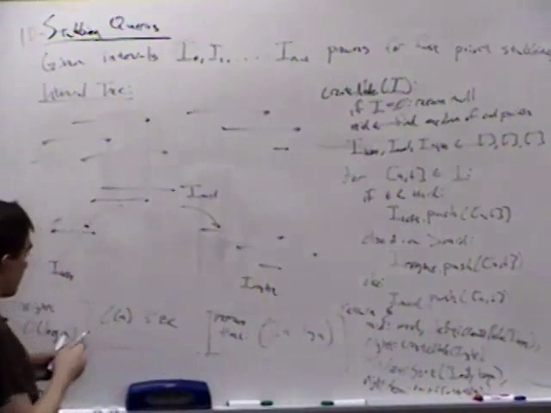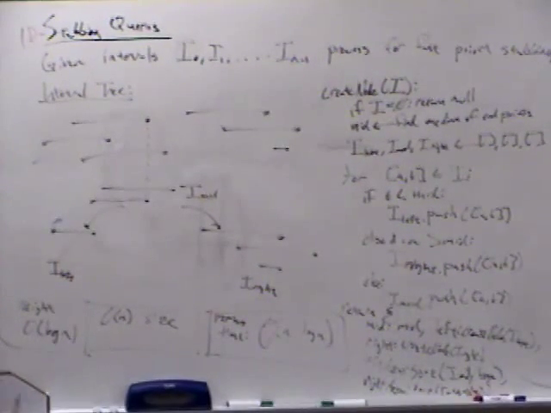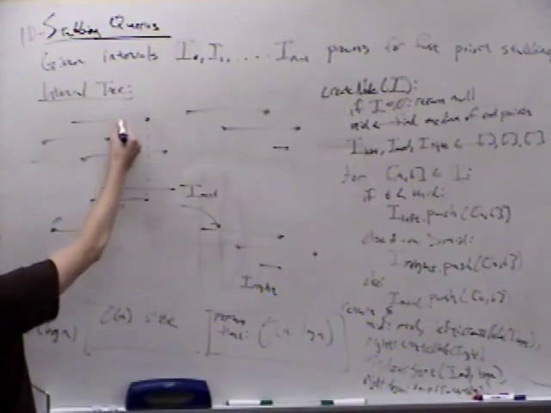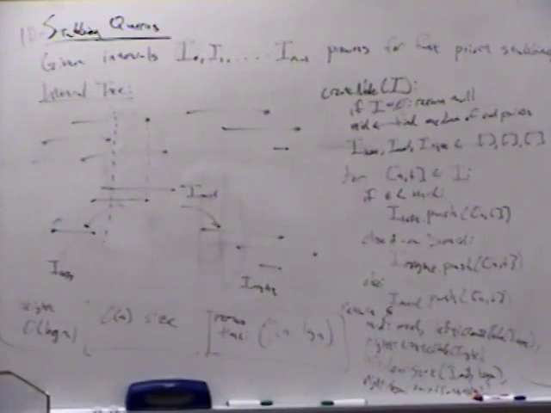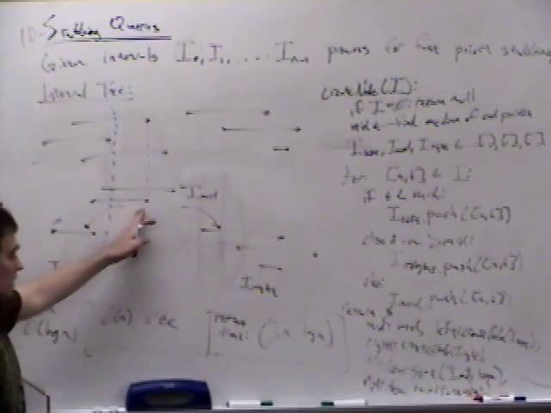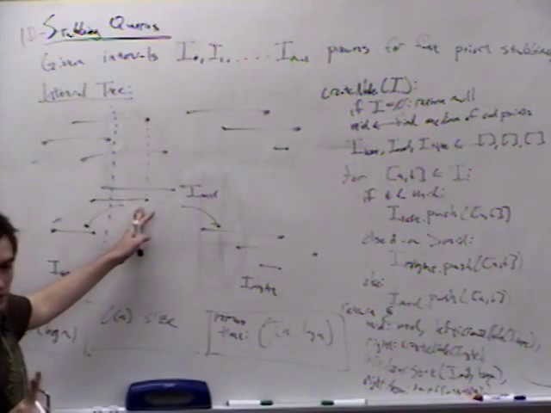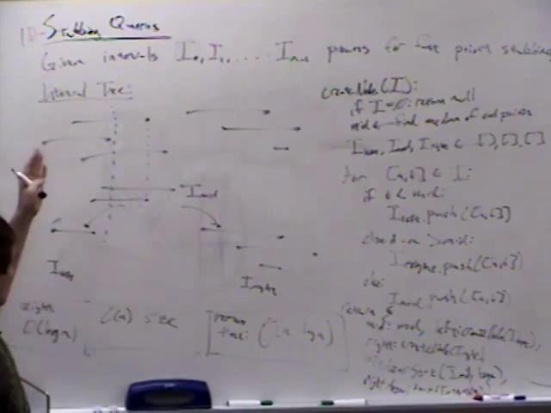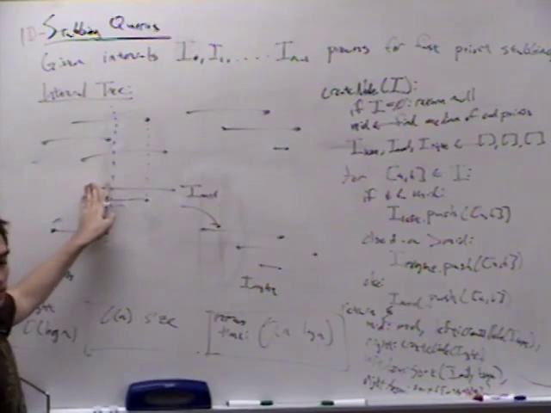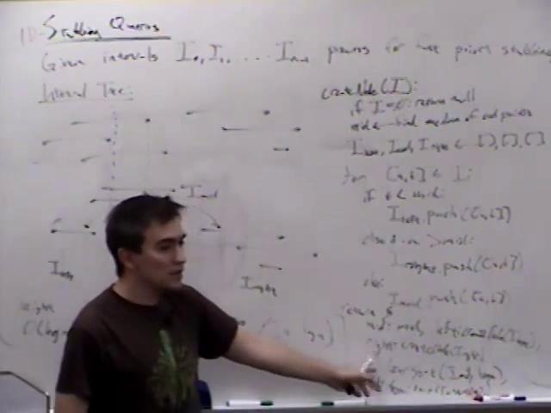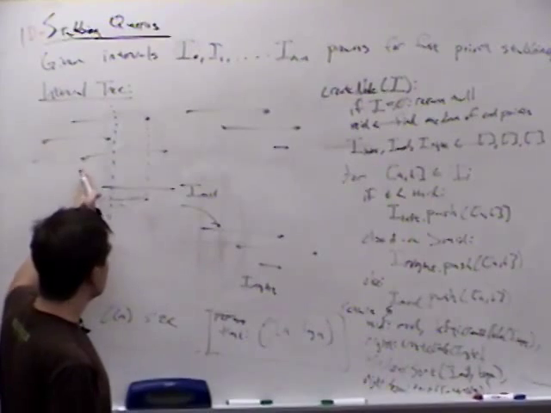So if we want to query a point, the way we do it is we start from the root of the tree. So suppose we have a point that comes down here, like that. So starting from the root of the tree, we first do 2 things. The first thing is we do a search on the left endpoints of the tree, in the left associated array, to query all of the intervals which happen to intersect it.